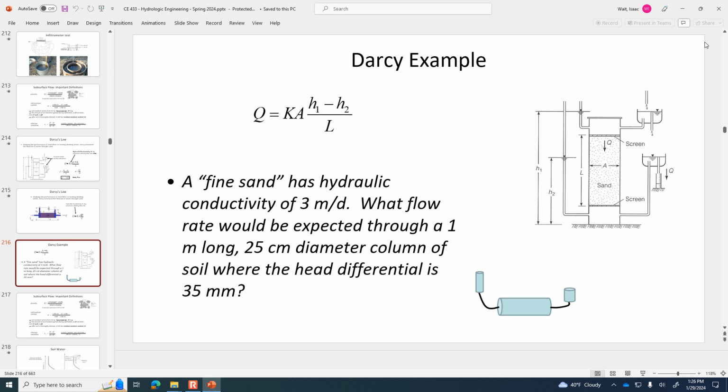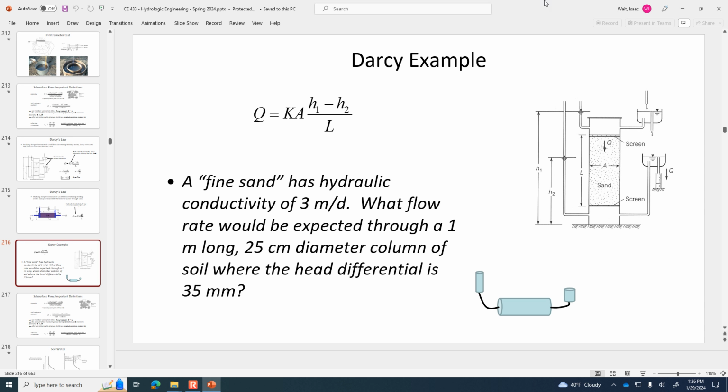If you multiply that by 1,000, that means 5.15 liters per day of water is going to pass through that. Now that is going to be the flow rate as long as the delta H is 35 millimeters.